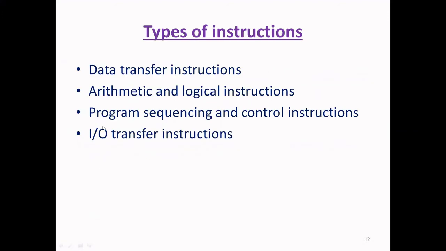Now, types of instructions. Basically, the CPU requires data transfer instructions, which can transfer from one location to another, or register to memory, or memory to register. And arithmetic logical instructions like add, subtract, multiply, divide, and logical instructions, for example, shift left, shift right, rotate left, rotate right, and logical AND, OR, XOR operations.